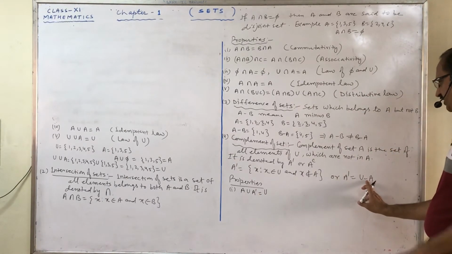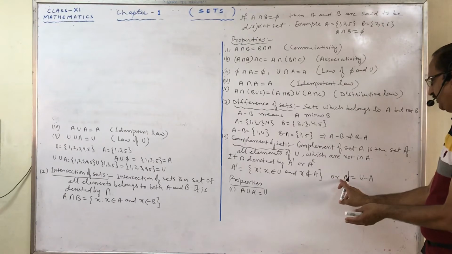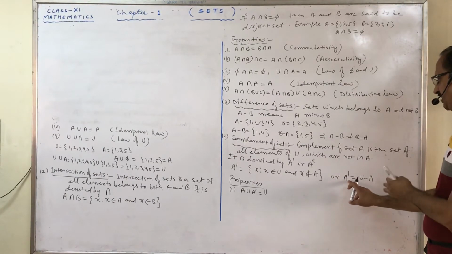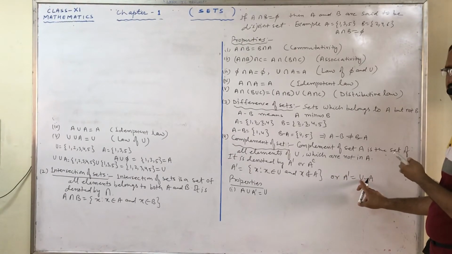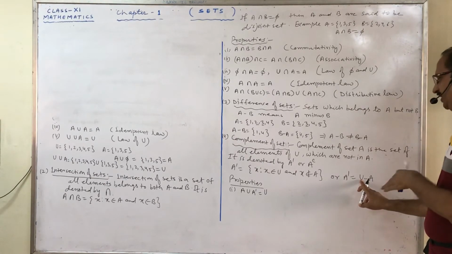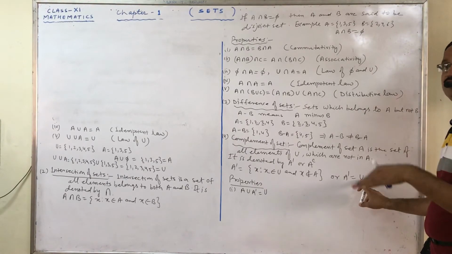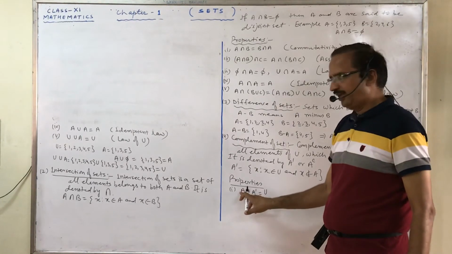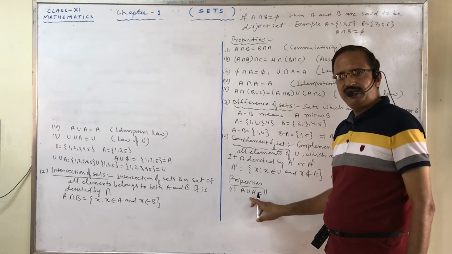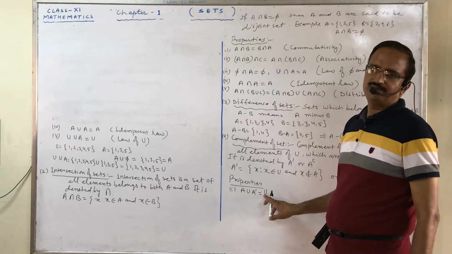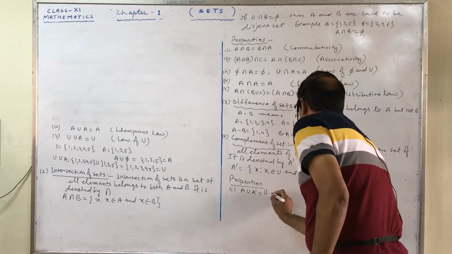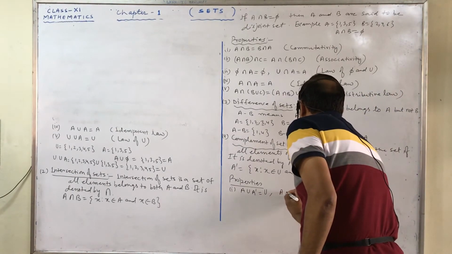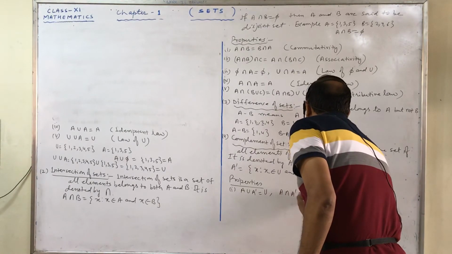When A is transferred to the left side, it becomes A plus A dash is U. Means the combination of A and A dash forms the universal set. Also A intersection A dash.